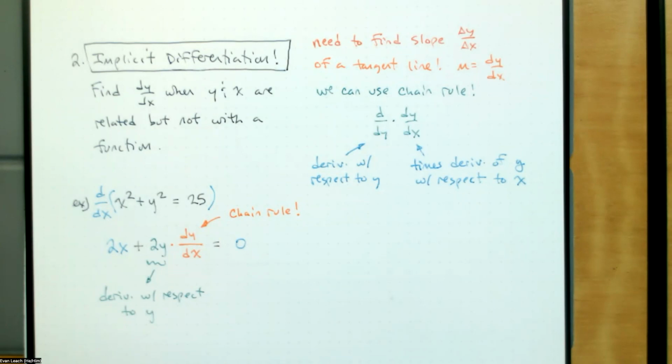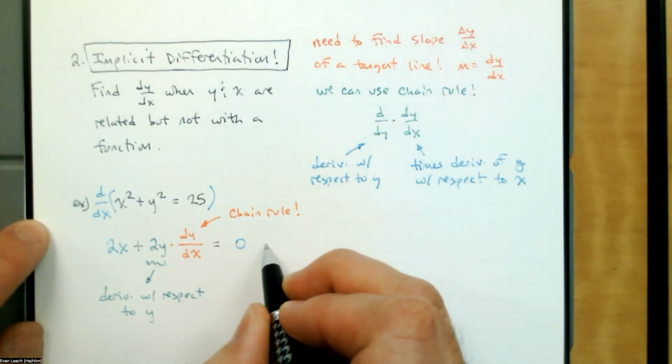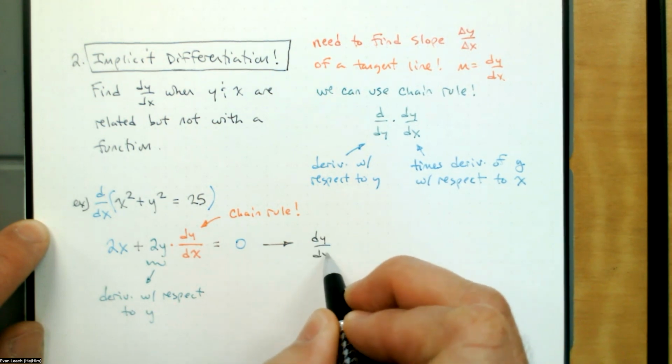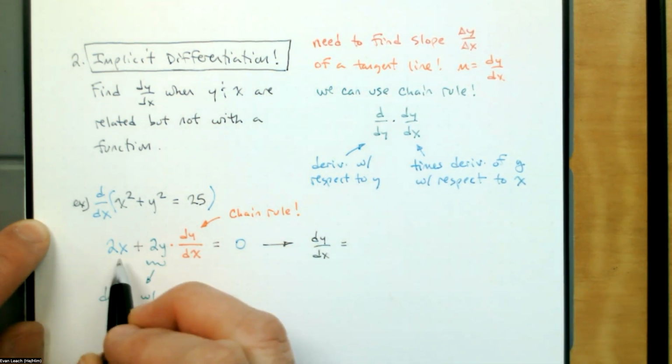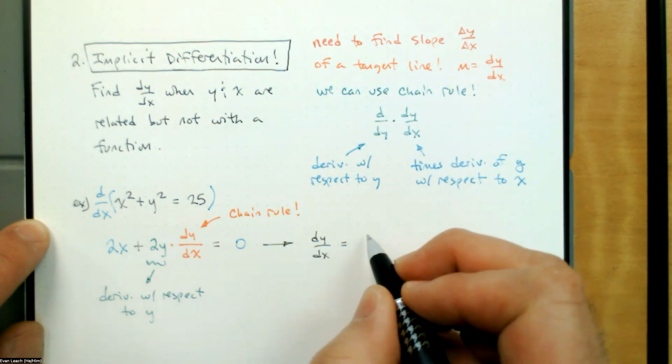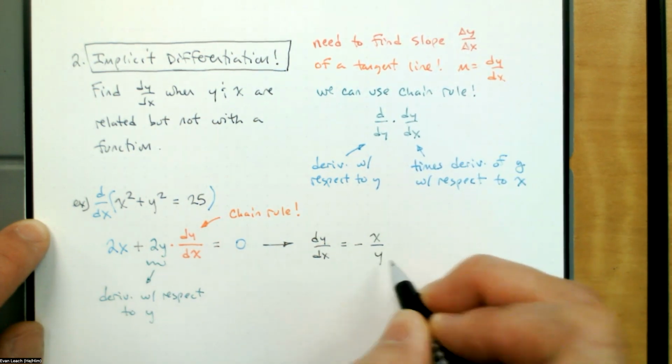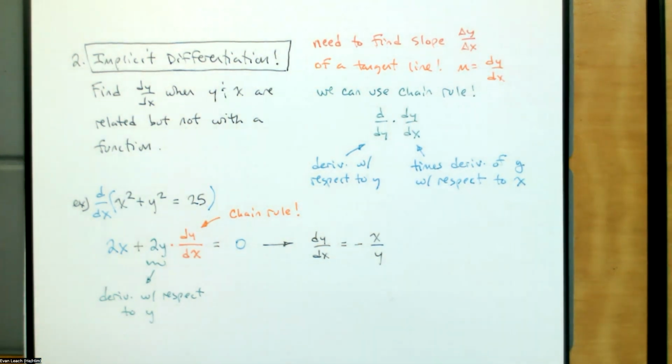Now, if it's convenient, we can solve for dy dx, which it is in this case. So dy dx: I'll subtract 2x from both sides and divide by 2y. So negative 2x divided by 2y.